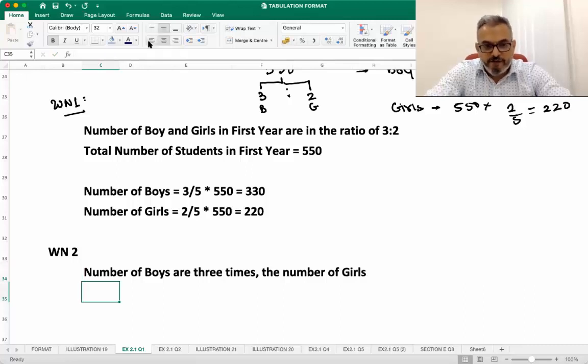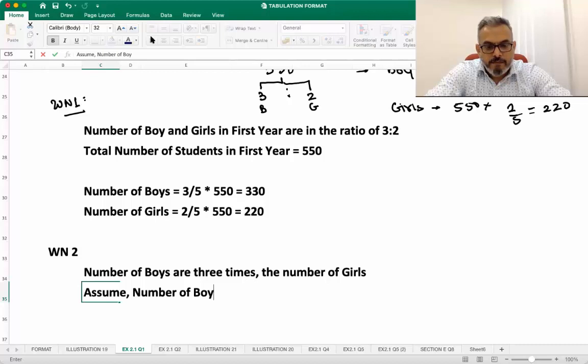So here we assume number of girls is equal to x.